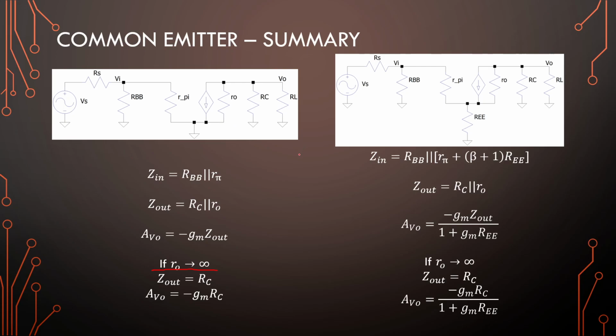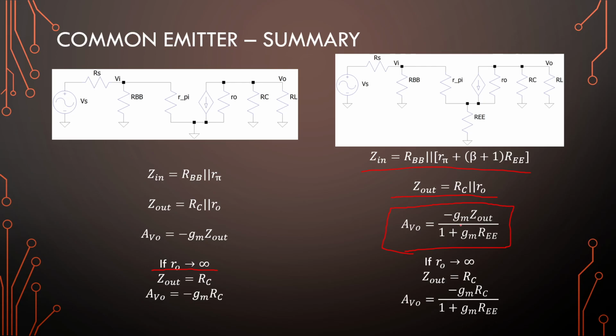Okay, then the typical equations for the common emitter with the emitter resistor included: we have this large input impedance equation right here. Our output impedance stays the same, and our gain is just stabilized and/or reduced with 1 plus GMRE.